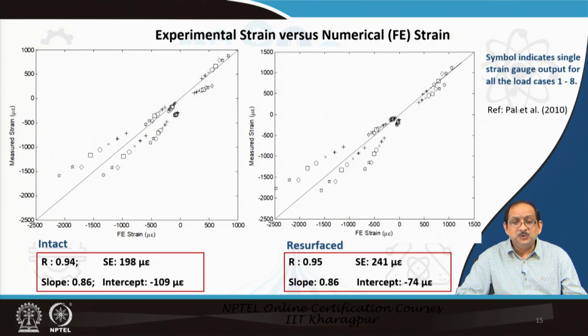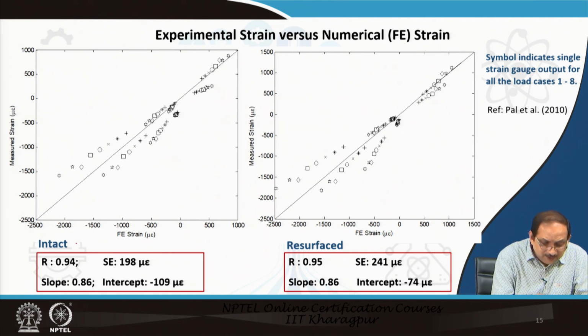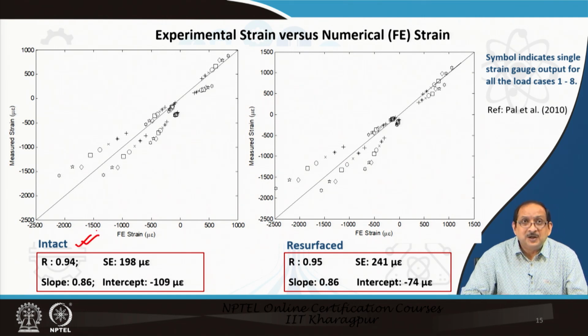Now, let us come to the results. The results are presented in the form of comparison between experimental strain and numerical or FE predicted strain. On the left we have the results corresponding to intact femur, and on the right we have the results corresponding to resurfaced femur.